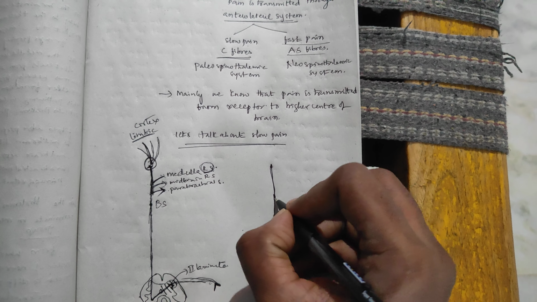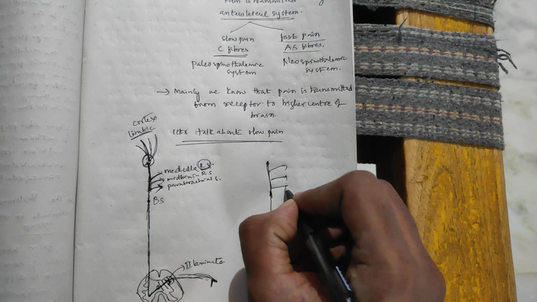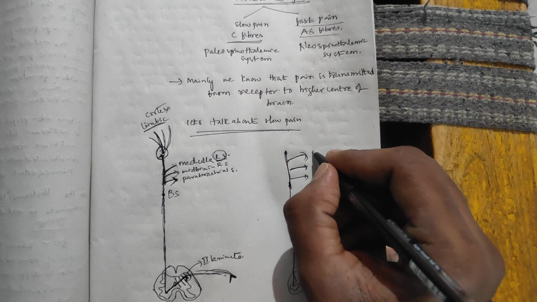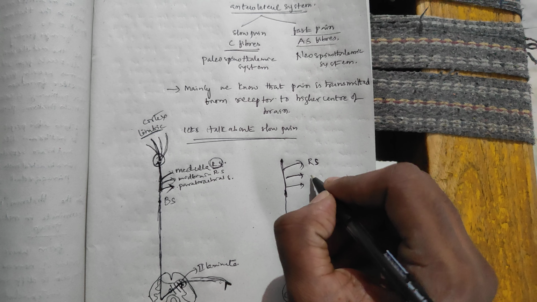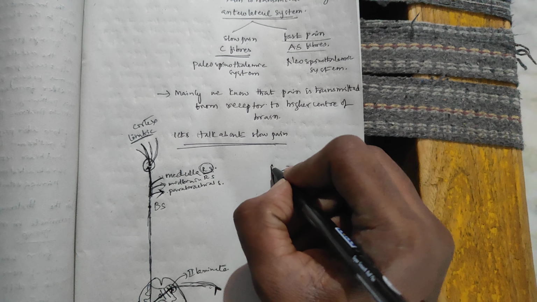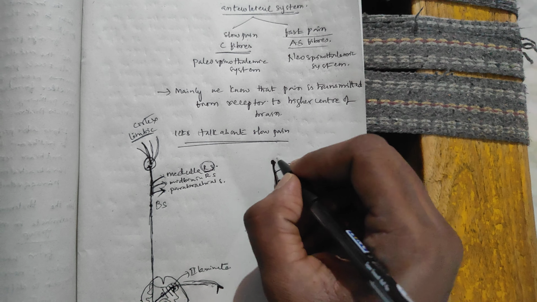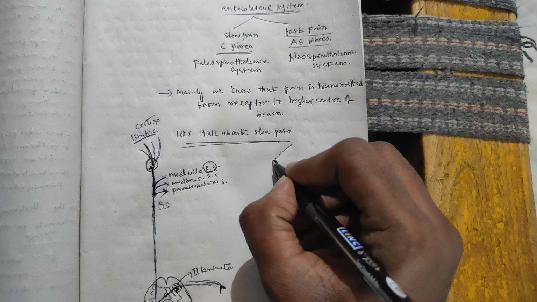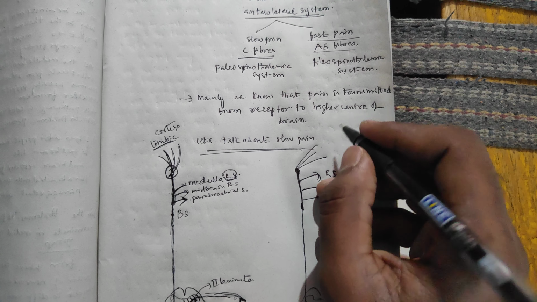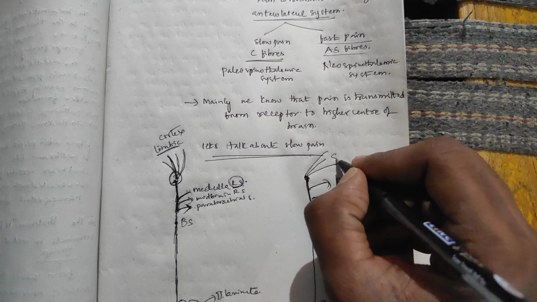Through the brainstem, when it is going to the thalamus, it also gives collaterals to the reticular system and to the hypothalamus, etc. And in the thalamus, in the specific area where it ends, the third order neuron starts and projects into the sensory cortex area.